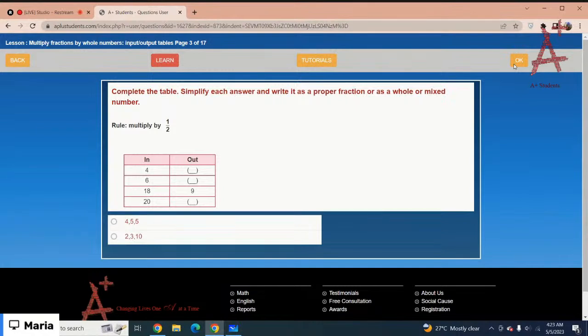Okay, the next one is you have to complete the table. The input values are 4, 6, 18 and 20.